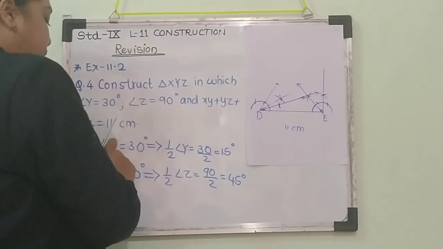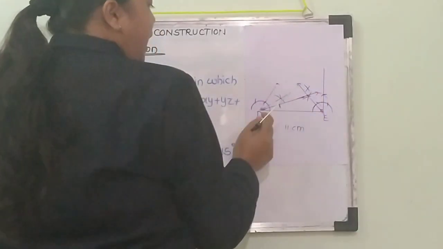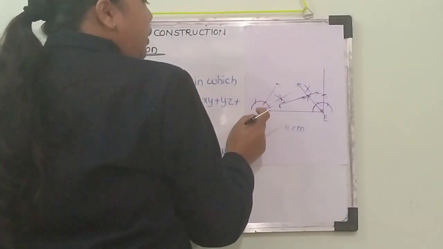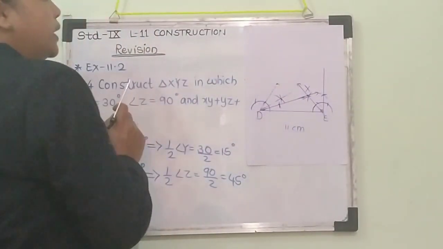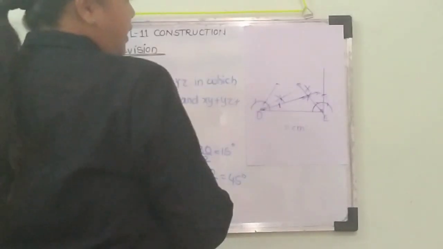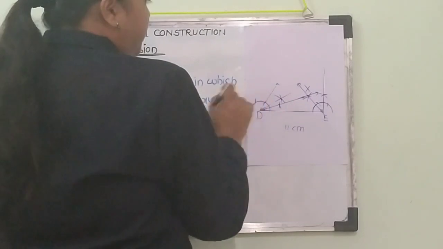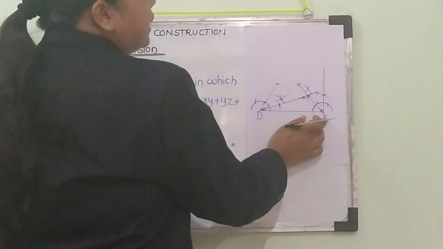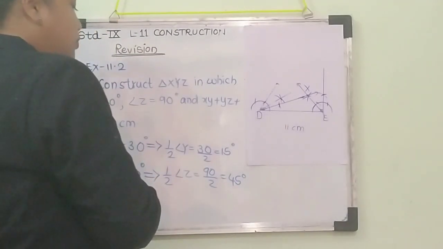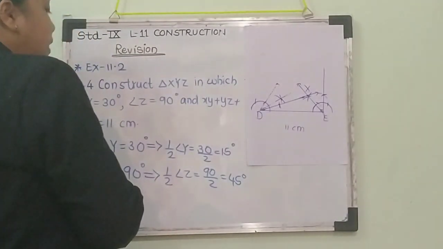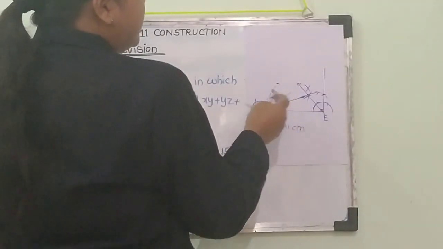Here the angle points are Y and Z, so the remaining is X. So X will come at the intersection of the 15 degree and 45 degree angles. So once we get the X, DX, we have to draw the perpendicular bisector of DX, so we get the points Y and Z. So first I draw the perpendicular bisector of DX.